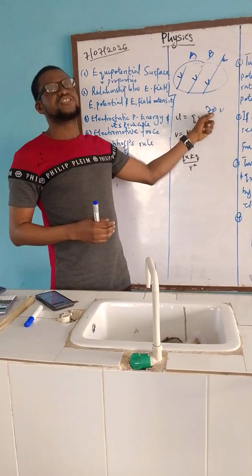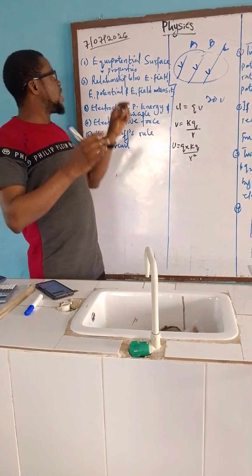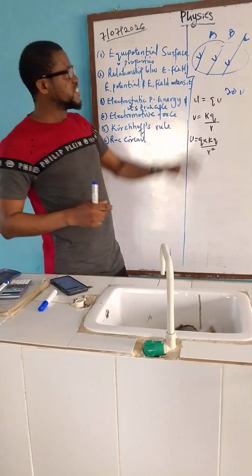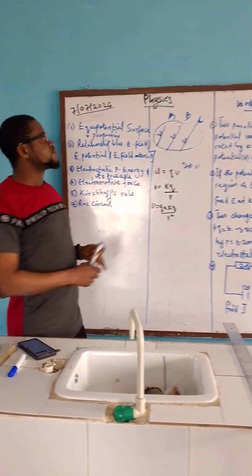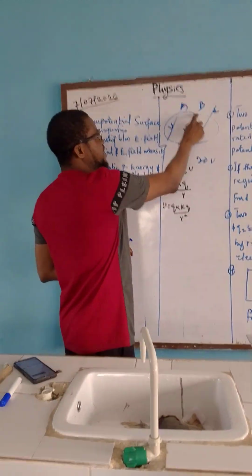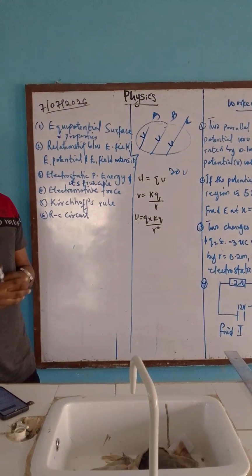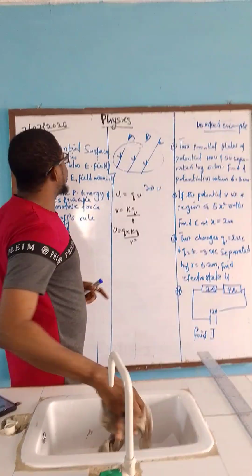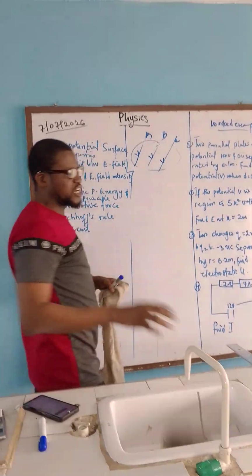Of course, it is 20 volts, and that of C too. So that is why we call it an equipotential surface. It's an electric surface, or I call it an electric plate, where electric potential at every point on that plate is equal. Now, having taken that definition, there are some properties we must know for this equipotential surface.